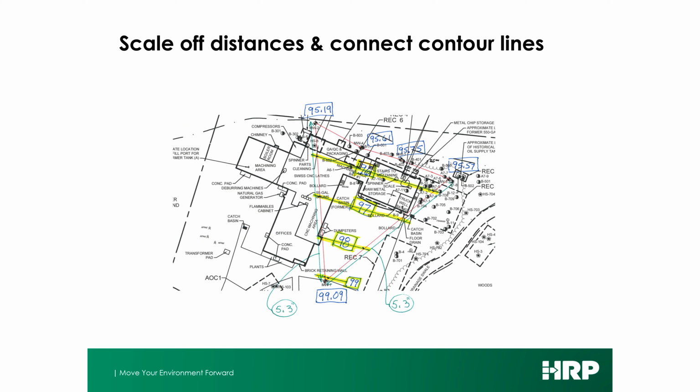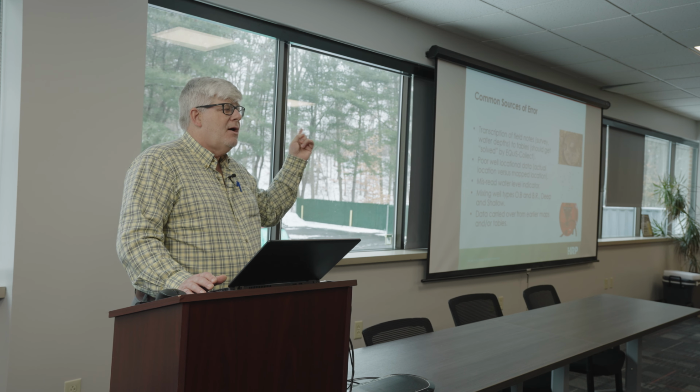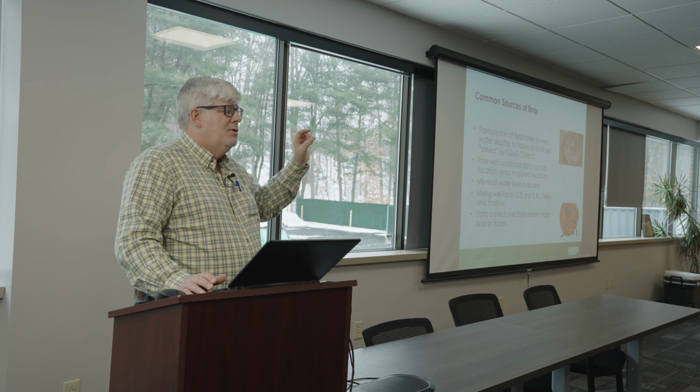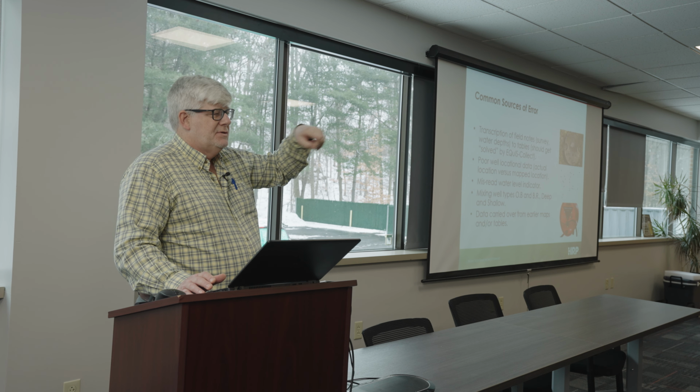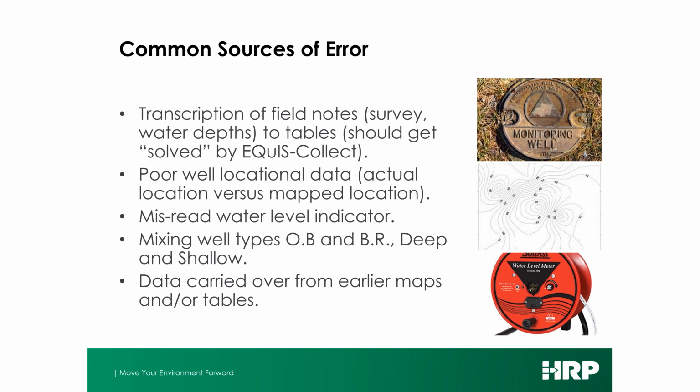But it can be done if you don't have access to the software, you're somewhere, and you want to try to figure it out. I'm going to get into some of the bugaboos now. That's all the math, by the way, and you can extend that system to any number of wells that I give you. So common sources of error in groundwater contouring.